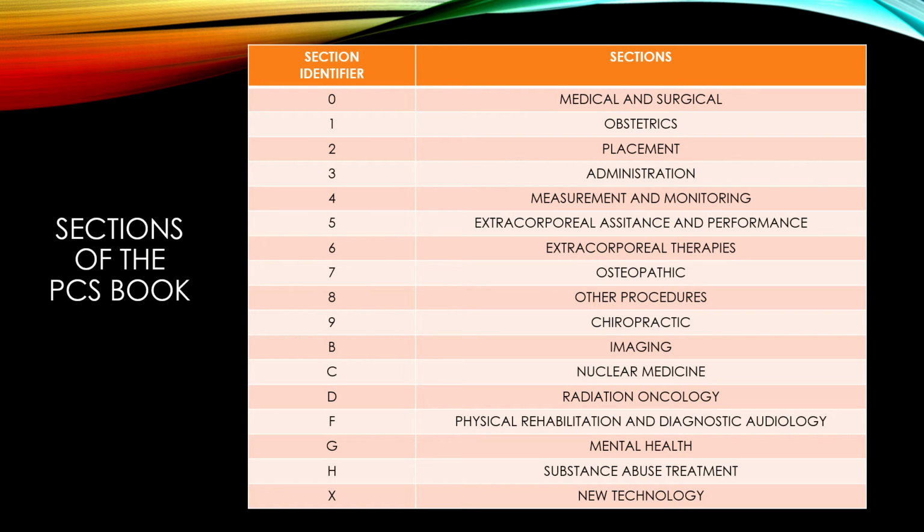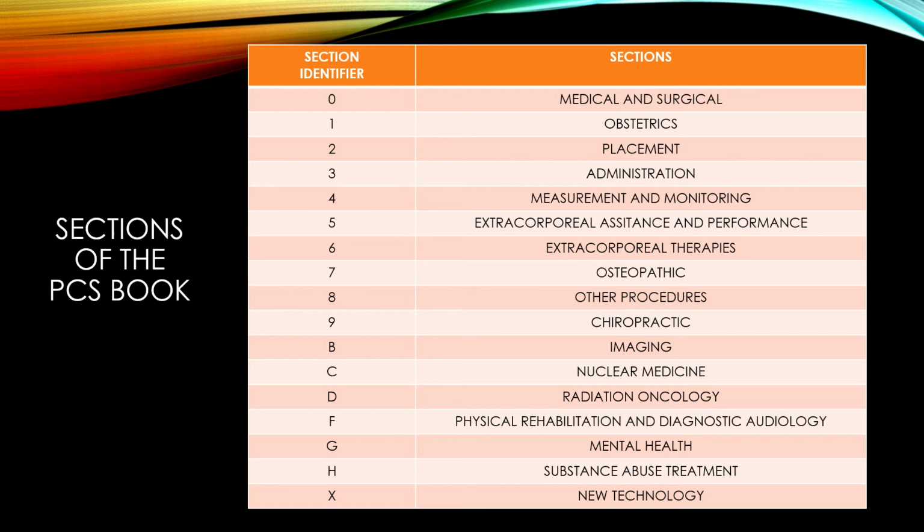Number 5 is extracorporeal assistance and performance. Number 6 is extracorporeal therapies. Number 7 is anything osteopathic. Number 8 is listed as other procedures. Number 9 is chiropractic. The letter B is the section identifier for imaging.